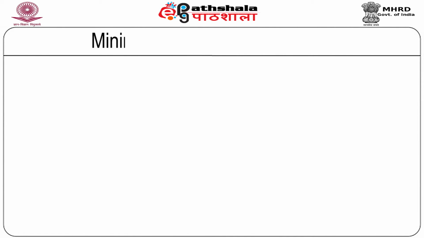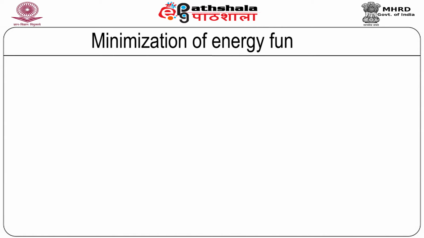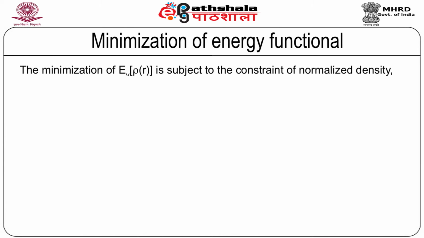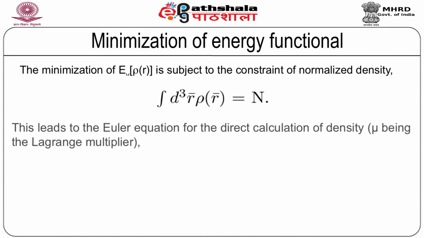Let us now discuss the minimization of the energy functional. The minimization of the energy functional, E_V functional of ρ, is subject to the constraint of normalized density, that's integral dr ρ(r) is equal to 1. This leads to the Euler equation for direct calculation of density, as we have also discussed in case of the Thomas Fermi method.